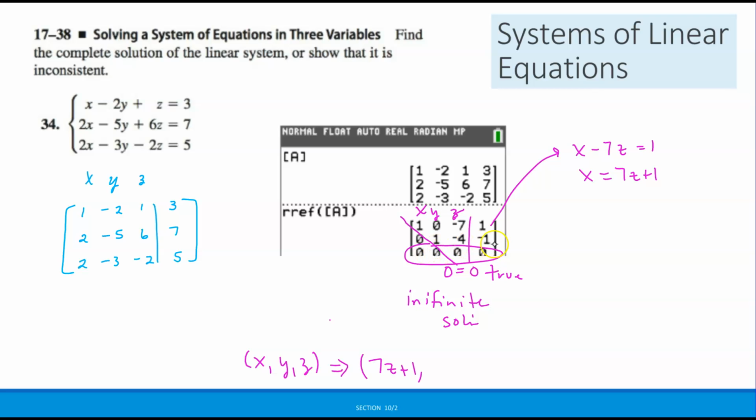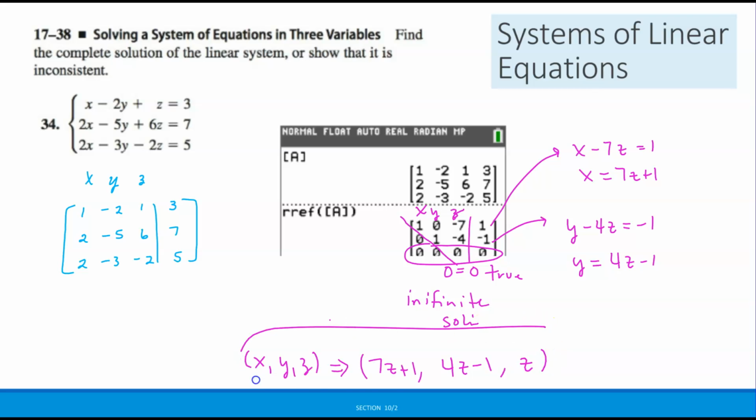Okay, let's look at the next equation here. We have y minus 4z equal to negative 1, or y is equal to 4z minus 1. So we'll fill that in the y position, and then z is called arbitrary.